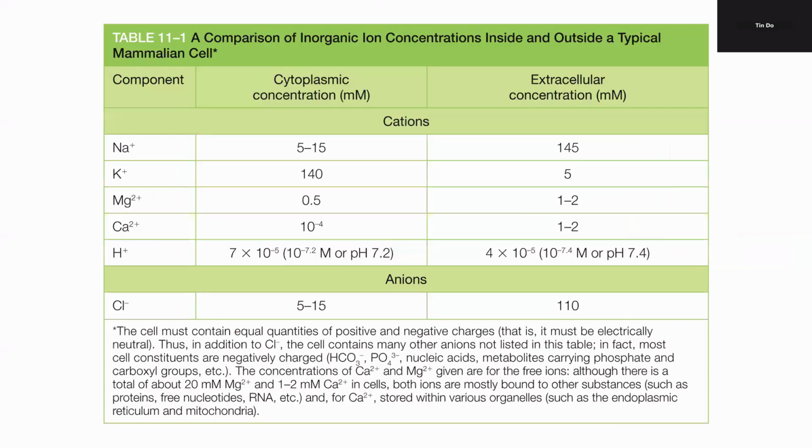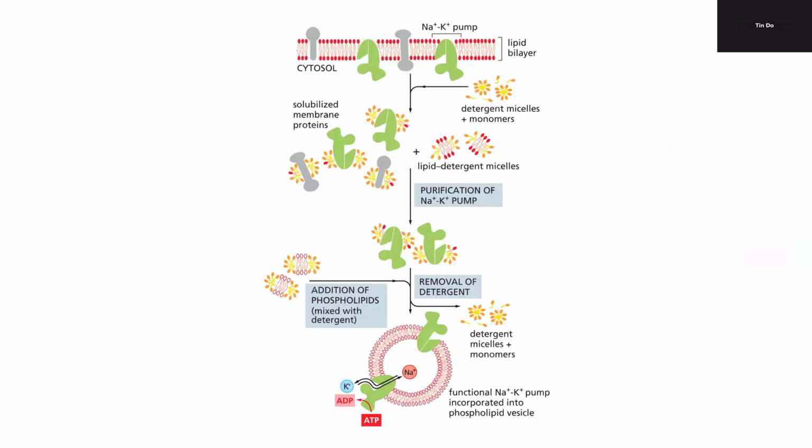So bear with me. This slide is talking about the sodium potassium pump and the involvement of detergents. All you really need to know about this slide is that in order to isolate the sodium potassium pump for us to study it, we use detergents to remove them from a cell membrane, incorporate them into micelles, and then use that to study them.